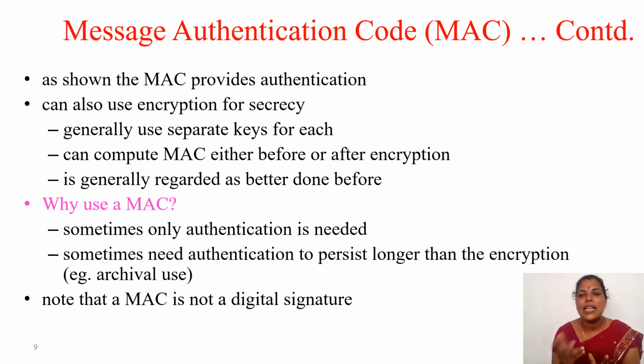Our ultimate aim is to provide security, whether it is the authentication case, the integrity case or the confidentiality case. So we can have a mixed combination: before encryption we can compute the MAC and append it, or we can do it after encryption.